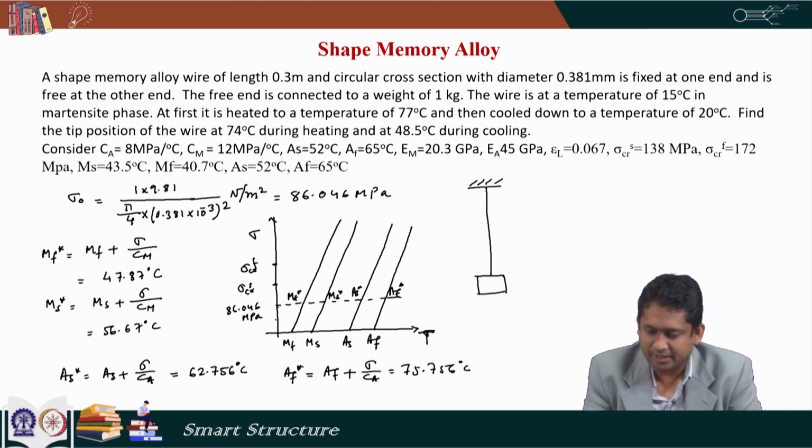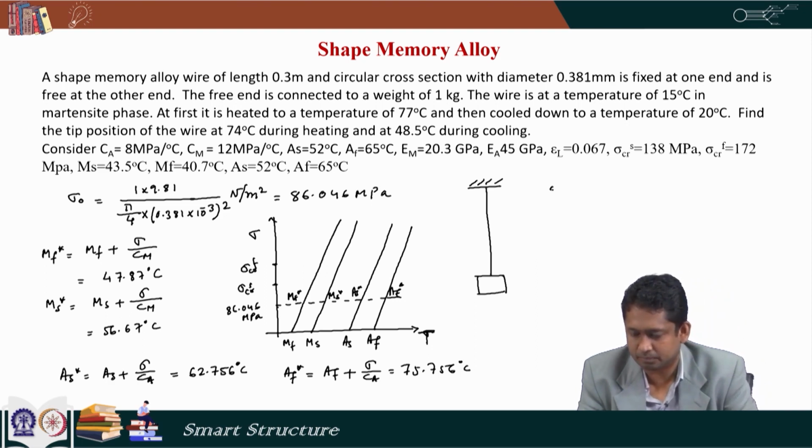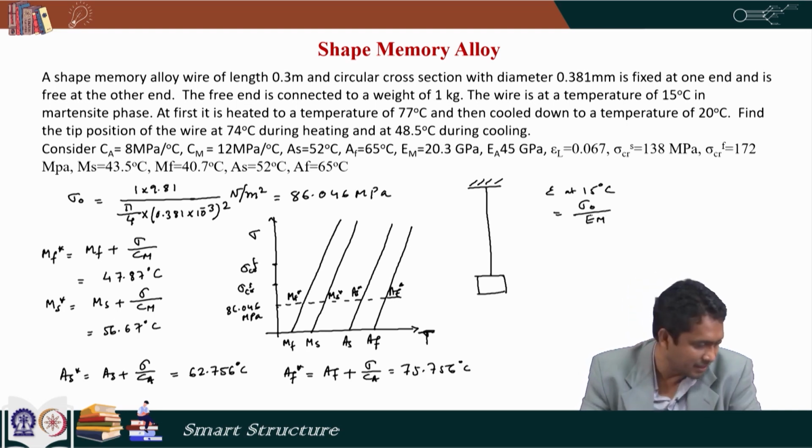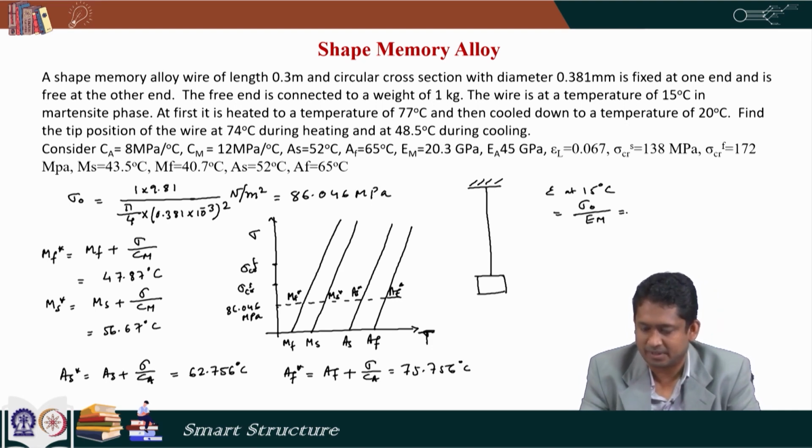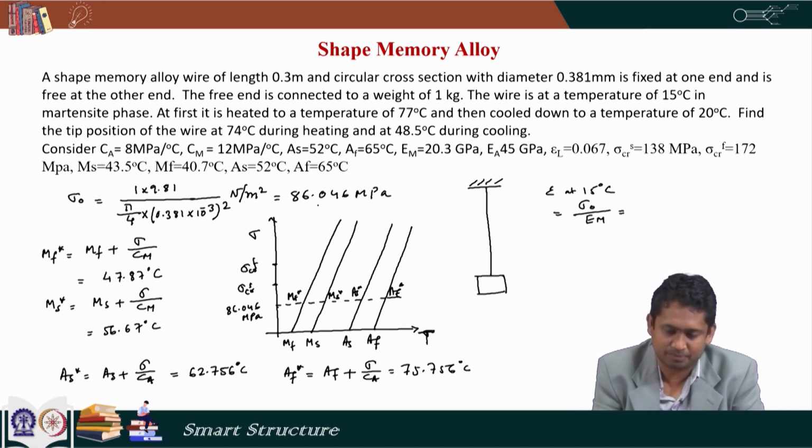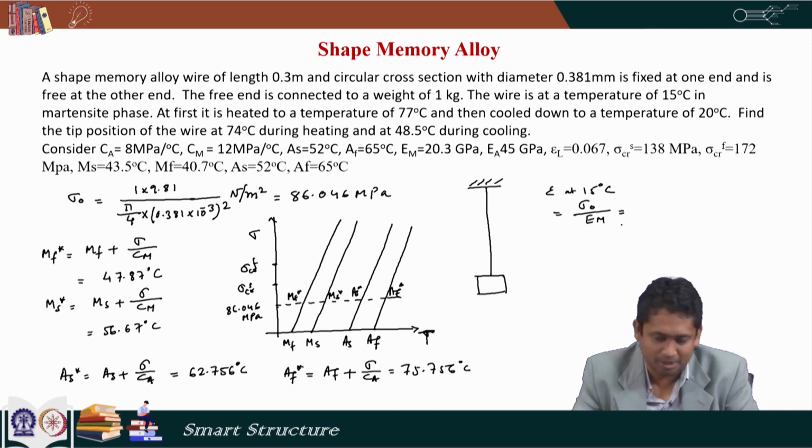So, epsilon at 15 degree centigrade is sigma 0 divided by Em. Em is given to us, 20.3 gigapascal, and sigma 0 we have found out as 86.046 megapascal. So, finally, the value comes to be 4.24 into 10 to the power minus 3.